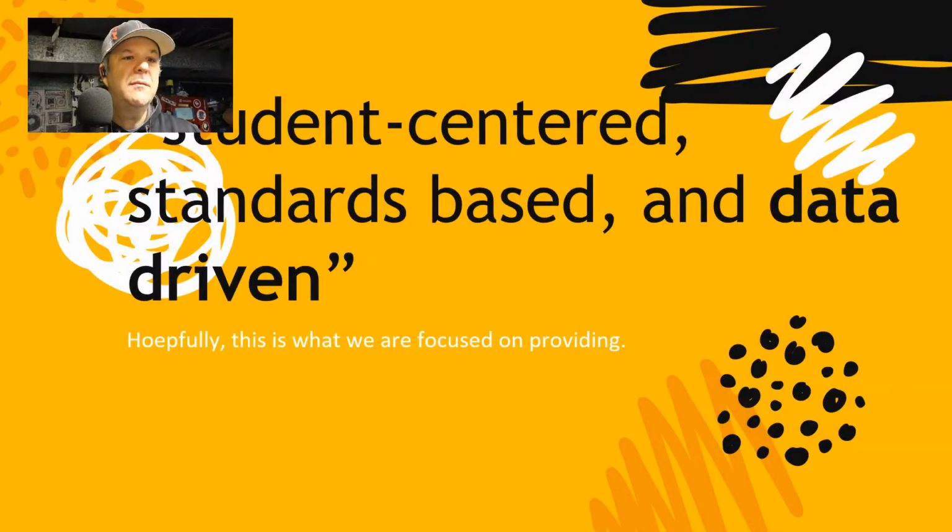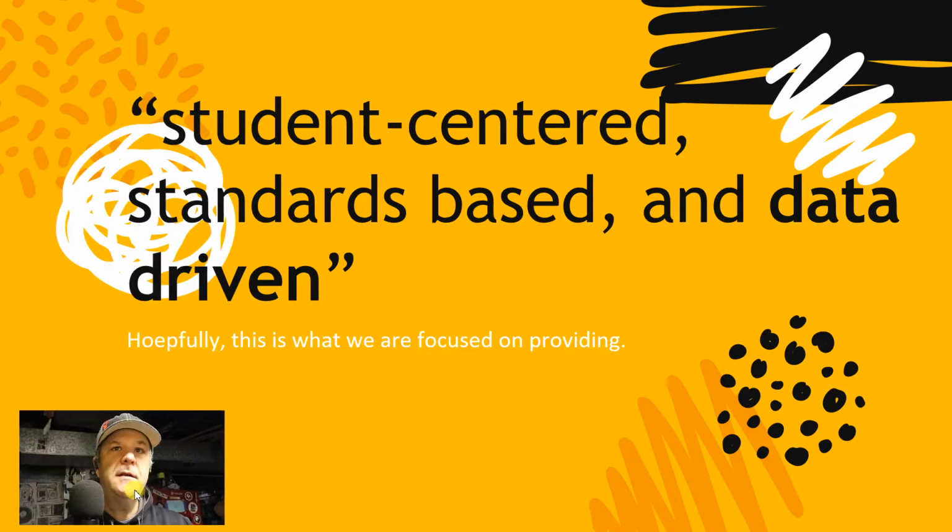I think it's important that we always focus in on three things when we talk about any kind of instruction, and differentiation is no different. Any good instruction needs to be student-centered, standards-based, and data-driven. We already talked about student-centered instruction. Differentiation is all about taking the kids into consideration. It's got to be standards-based.